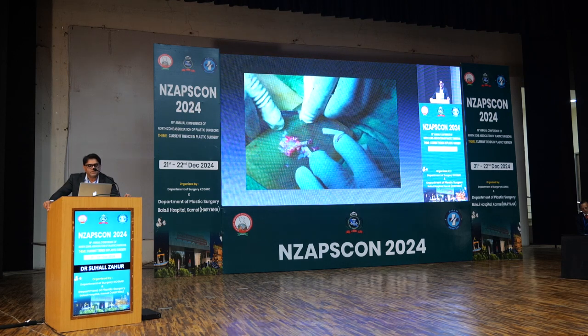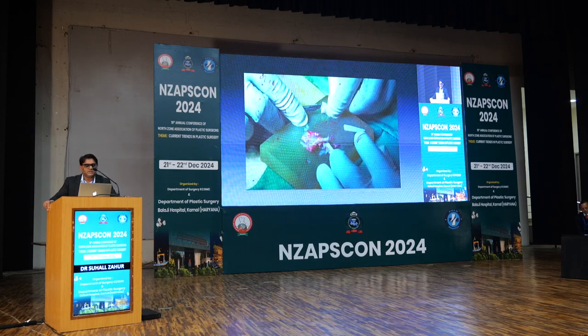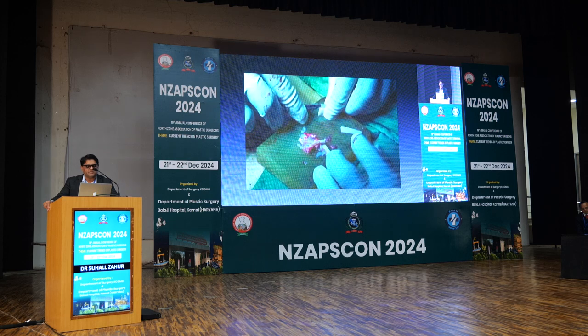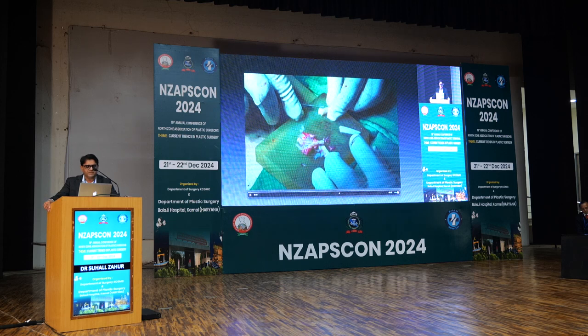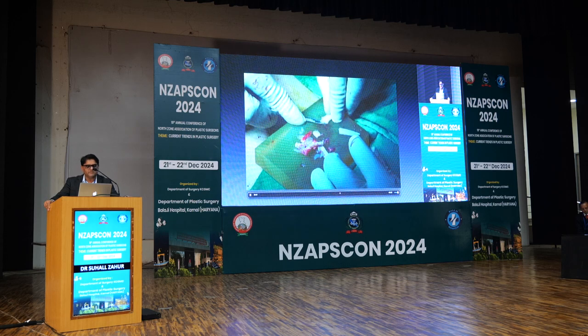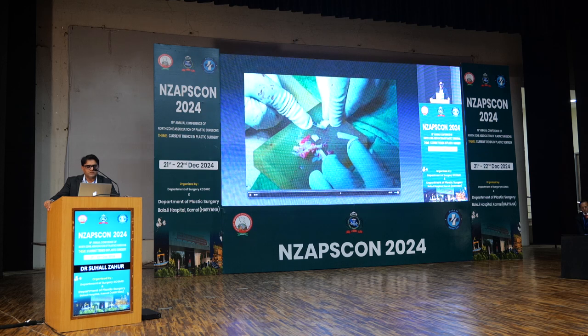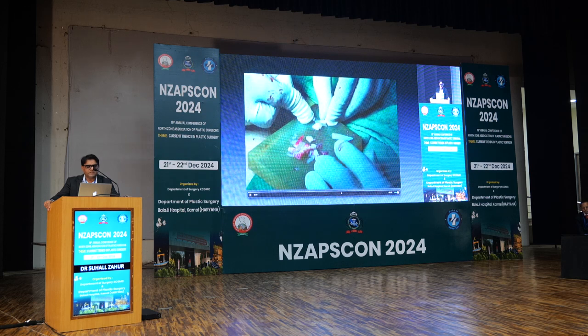Here I am creating the lateral crural strut grafts from rib grafts. They are 1 to 2 mm thick pieces of straight cartilage, very fine, around 2.5 to 4 centimeters in length.